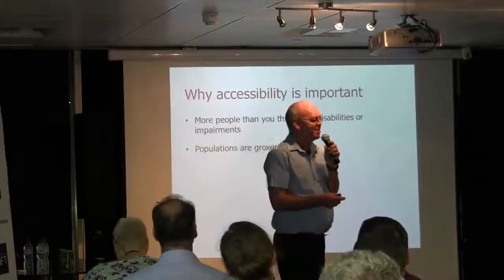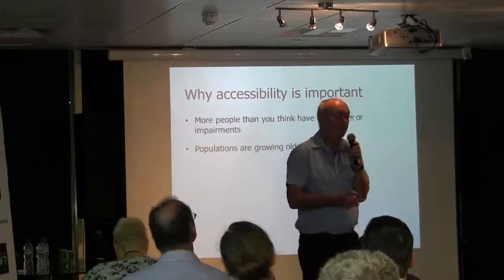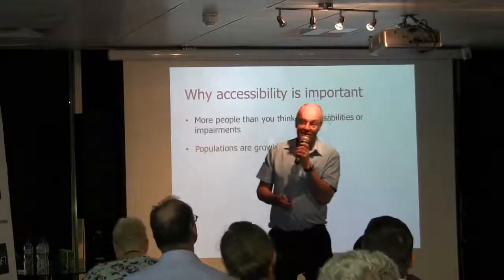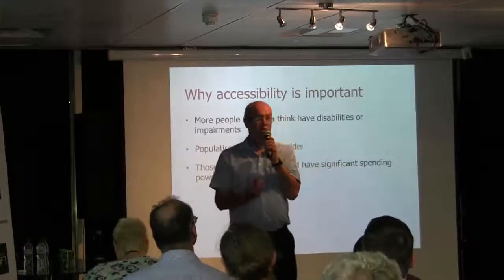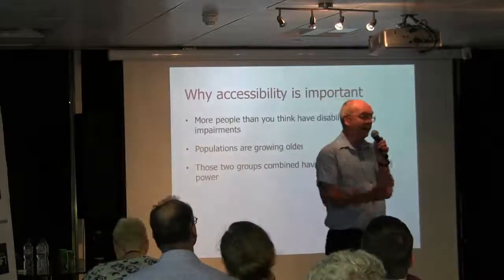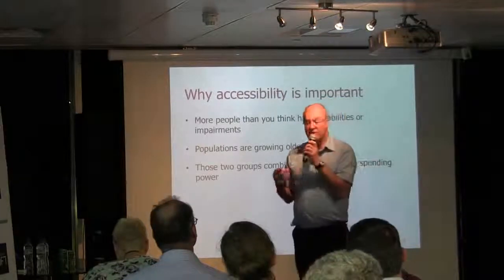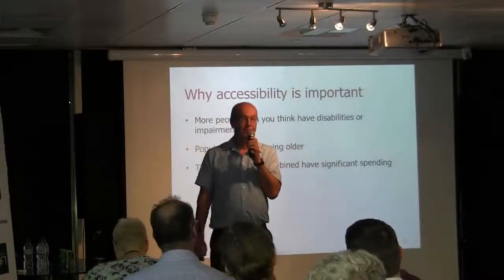Now, they would never consider themselves anywhere near having a disability or an impairment, but there's a lot of people like them in this country and throughout the world. And of course, if you combine these two groups together, people who have disabilities who have trouble with websites, and people who are elderly, there's quite a big significant spending power in those two groups.